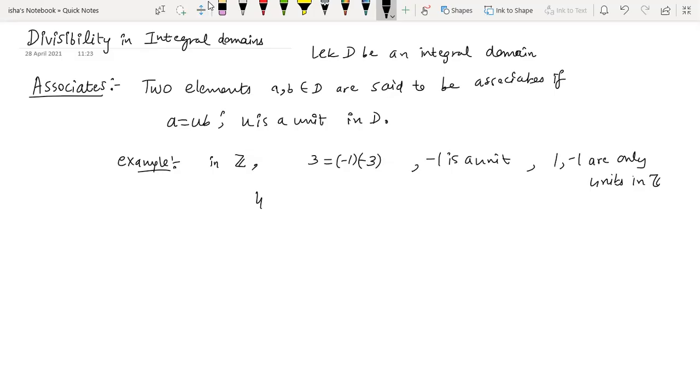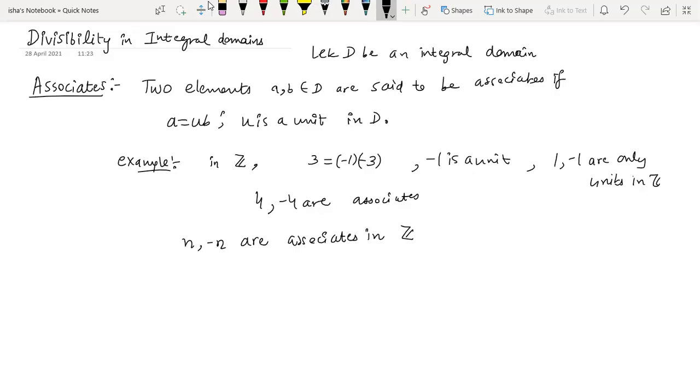Similarly, 4 and -4 are associates. So in general, n and -n are associates in the ring of integers. What about 4 and 4? Every element is by default an associate of itself, because every element can be obtained from itself by multiplying with the unity element, and unity is always a unit.